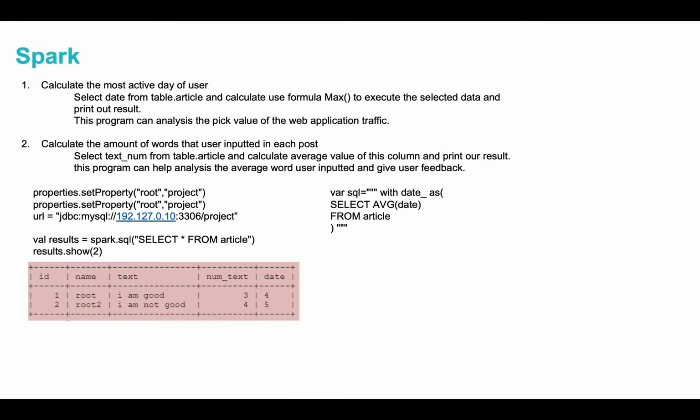Also, we calculate the amount of words that the user inputted in each post. It's similar to the first one, but we select the text number from the table article, and from the front end, the PHP will read the post when the user presses the submit button, and the PHP will return a value which contains a calculated number, which is the word amount that the user inputted.